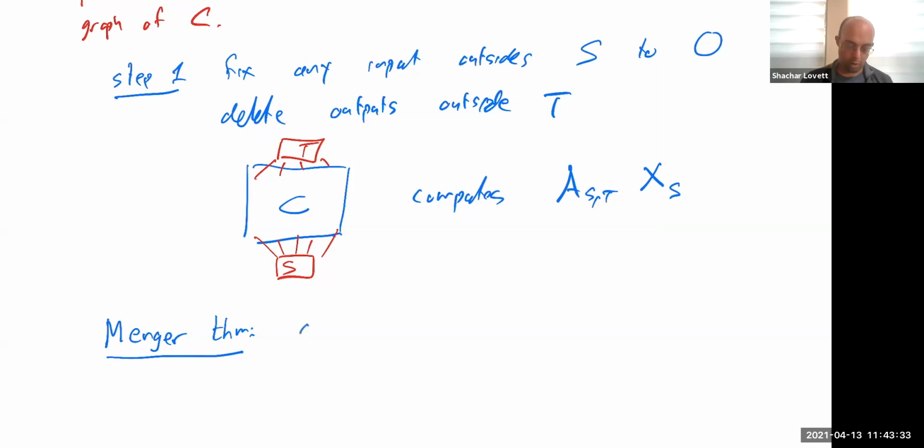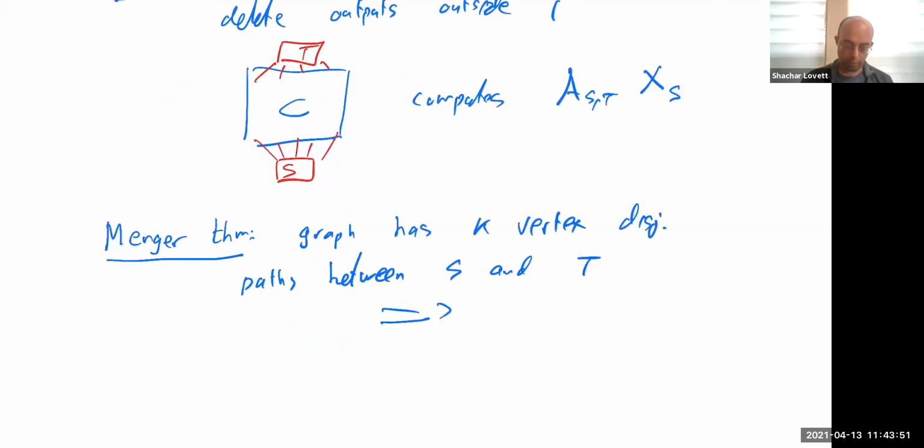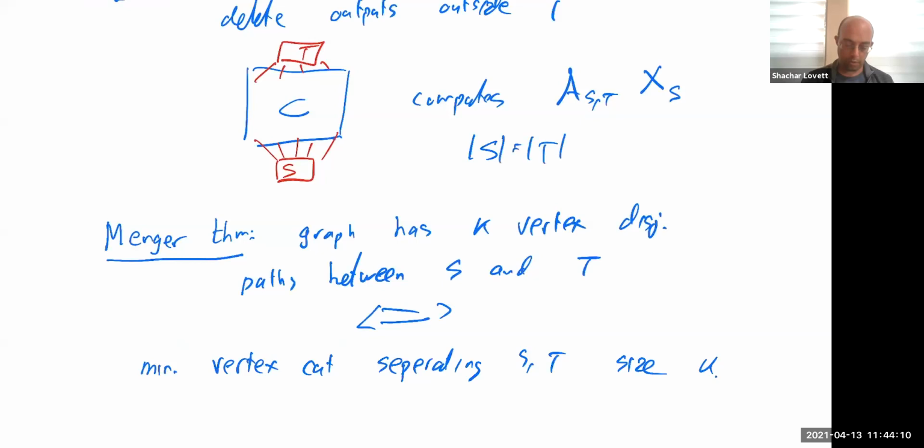So this graph has K vertex disjoint paths between S and T if and only if the minimal vertex cut separating S and T has size K. Here I'm assuming S and T are of size K.